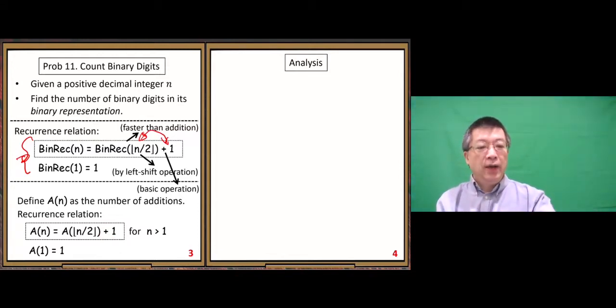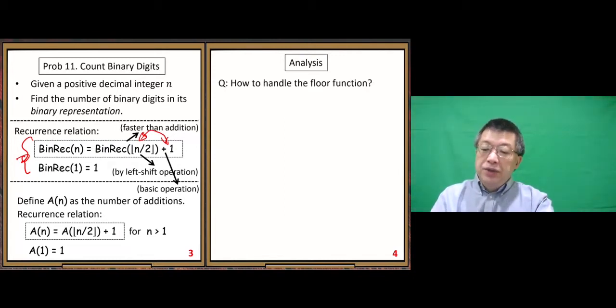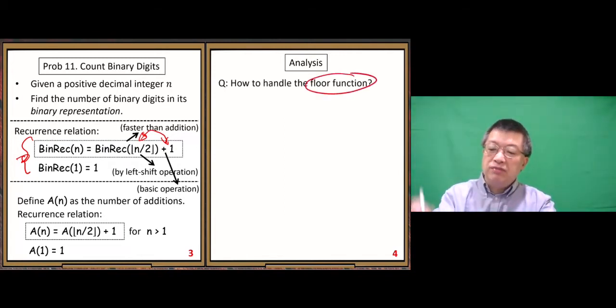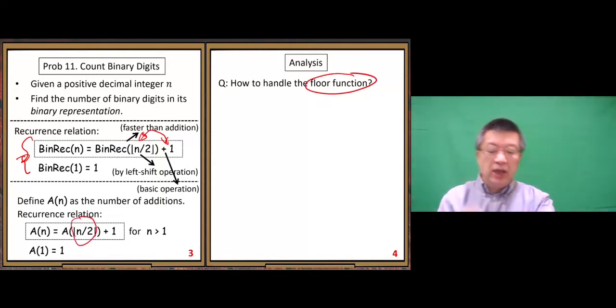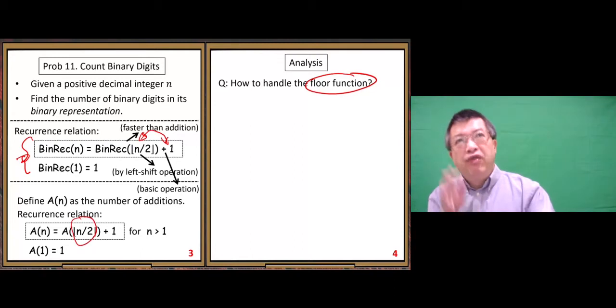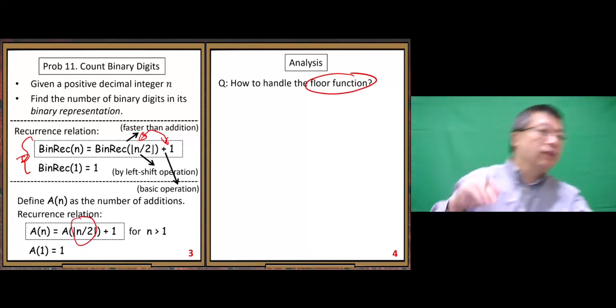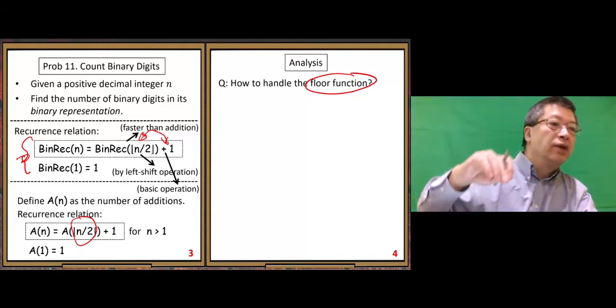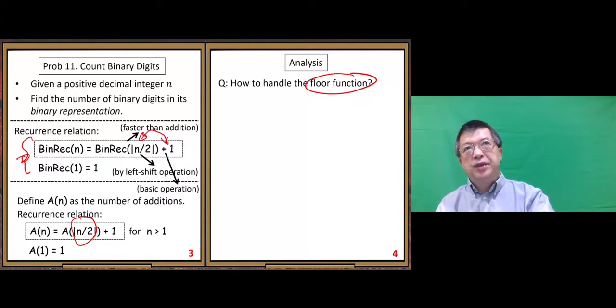When we solve this new equation, how do we handle the floor function? When you look at the formula here, the floor function is not very easy to handle, not very convenient.